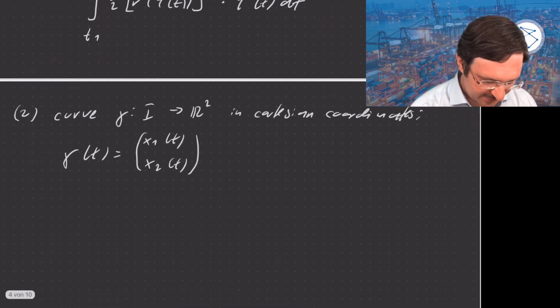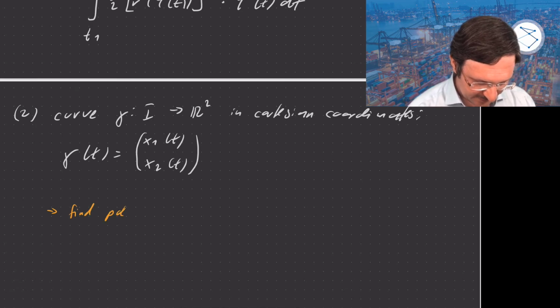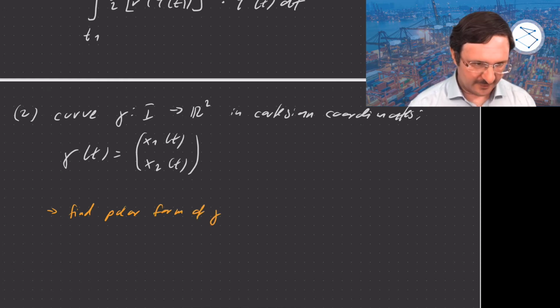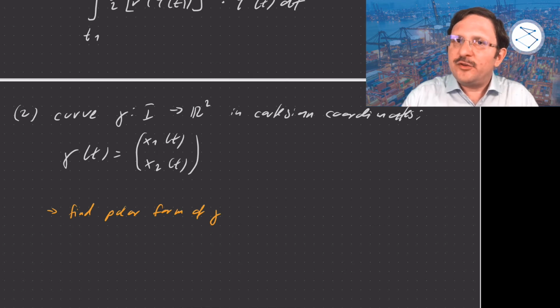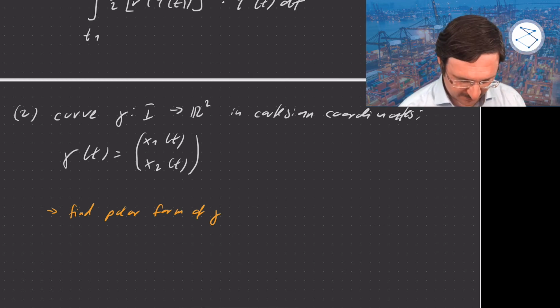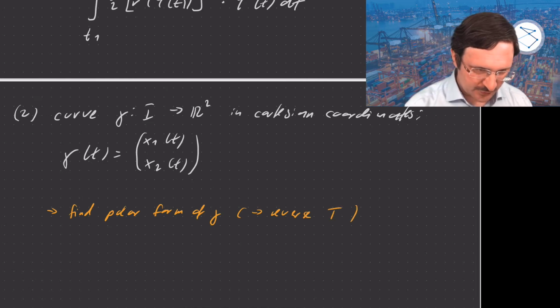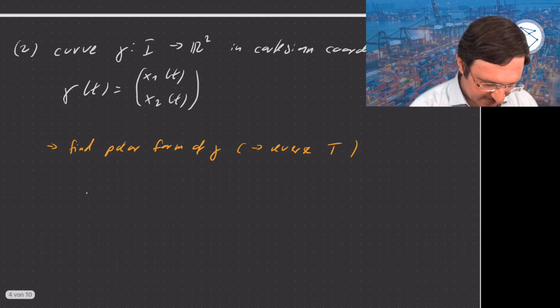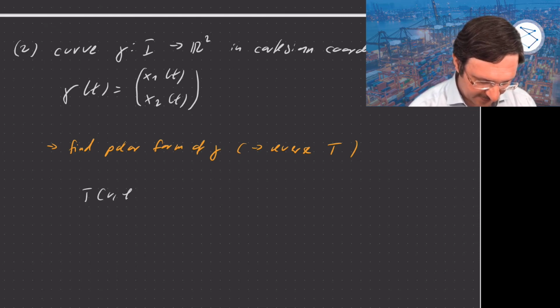So what we need to do is find a polar form of this gamma here. And that means basically we need to reverse the transformation. So remember that transformation that was T of r and phi is r cosine phi, r sine phi.